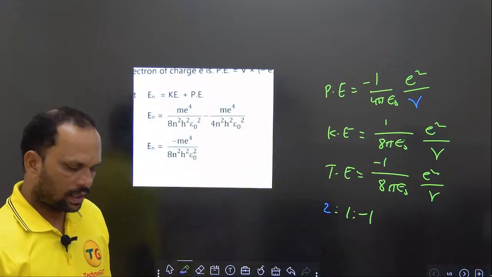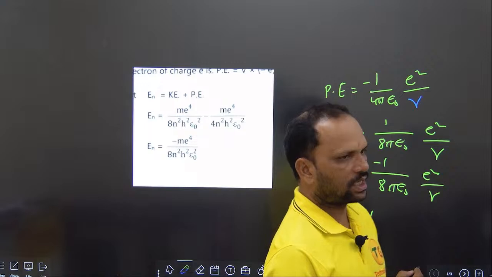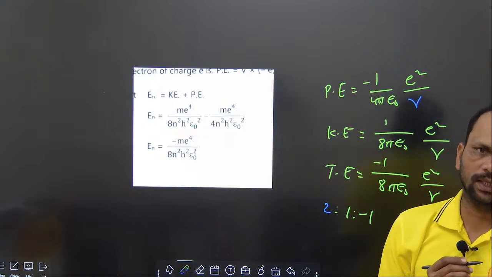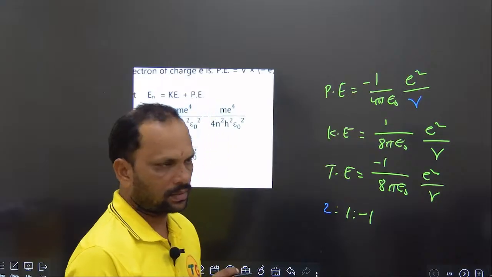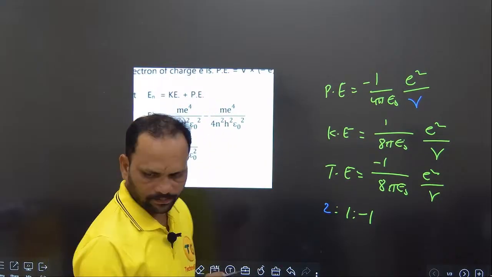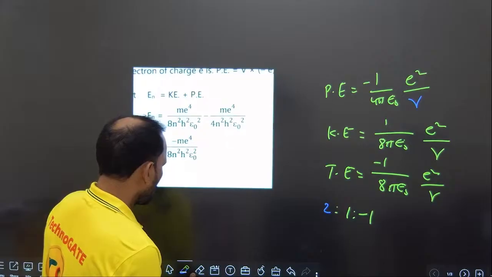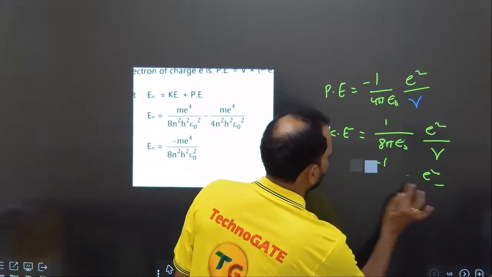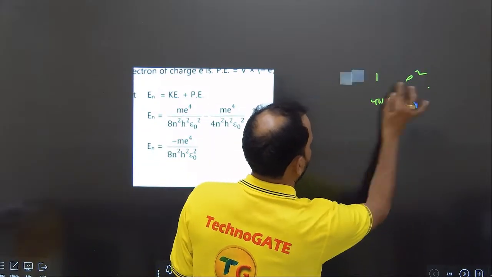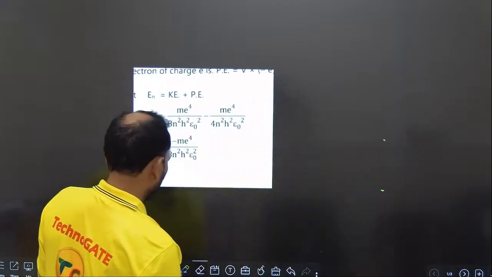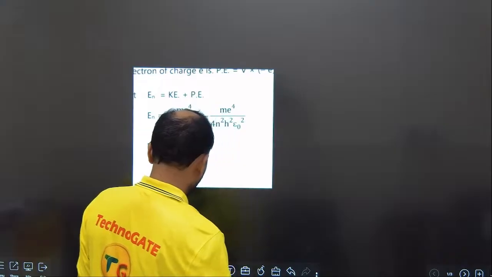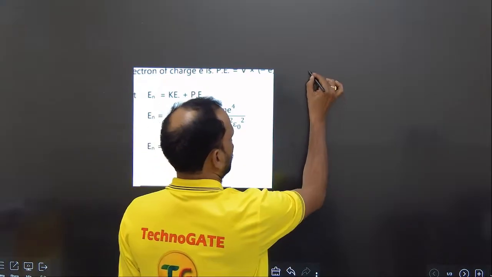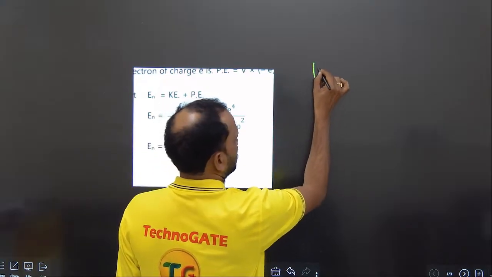Now, another form of the potential energy, kinetic energy and total energy of the electron which is revolving around the nucleus. First of all, kinetic energy.